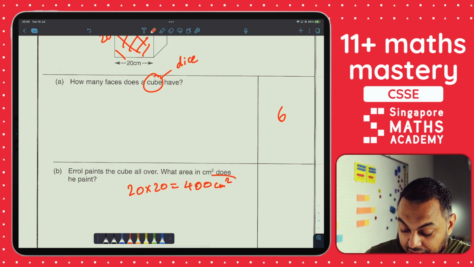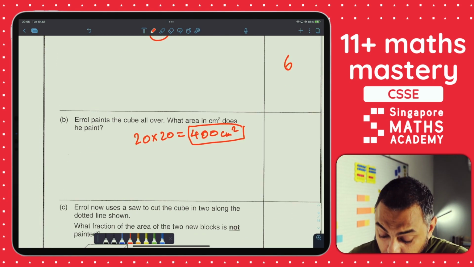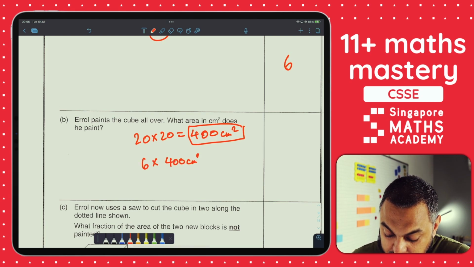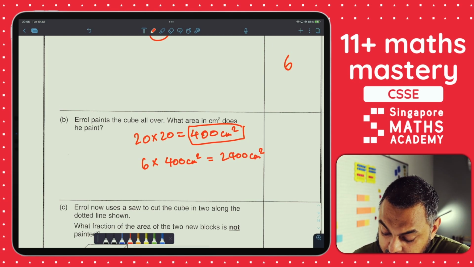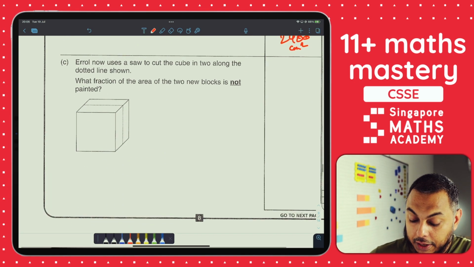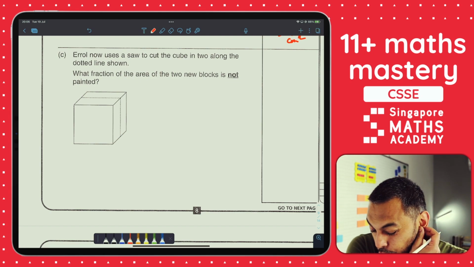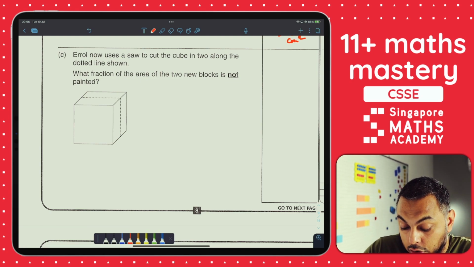So each face takes up 400 square centimeters. I've got 6 faces. 6 times 400 is equal to 2,400 square centimeters, and so the answer is 2,400 square centimeters.